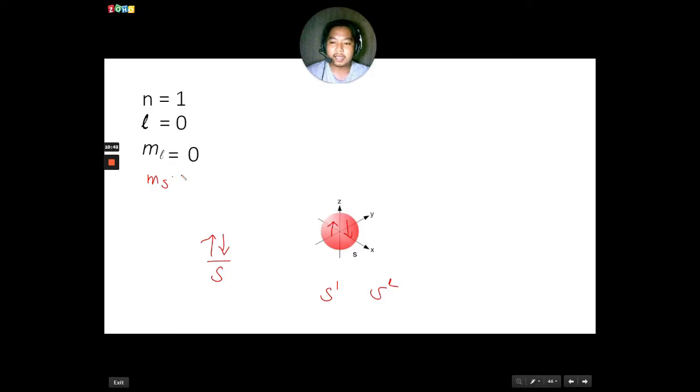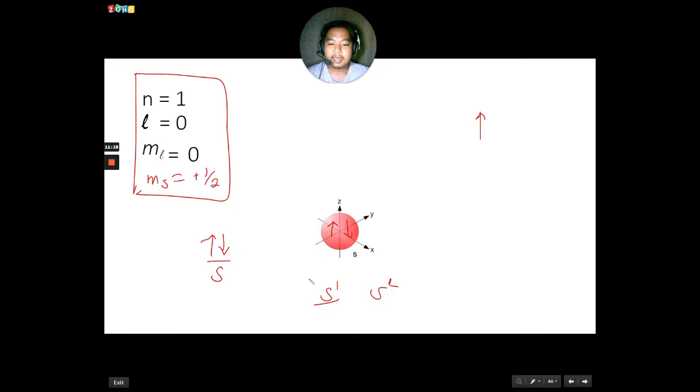Hopefully it makes sense. If I use positive 1/2 as my MS, my S would just be S1. Why is that? According to Hund's rule, up spin first always. We fill every orbital with up spin before we fill it with down spin. That's Hund's rule. And this is already my set of quantum numbers: 1, 0, 0, 1/2.